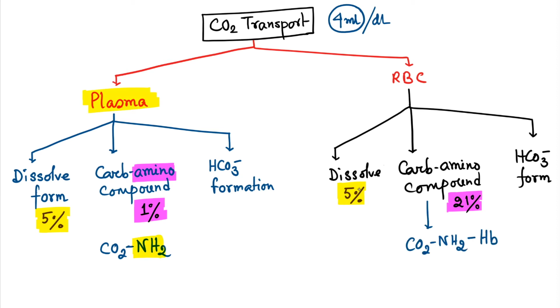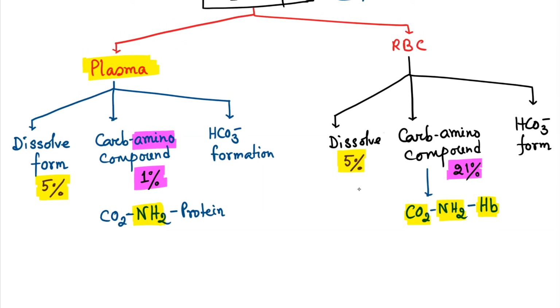If the carbon dioxide is attached with the amine group of plasma protein, this is known as carbamino compound of plasma. And if the carbon dioxide is attached with the amine group of hemoglobin, that is the carbamino compound of RBC. Now, which amount will be more?